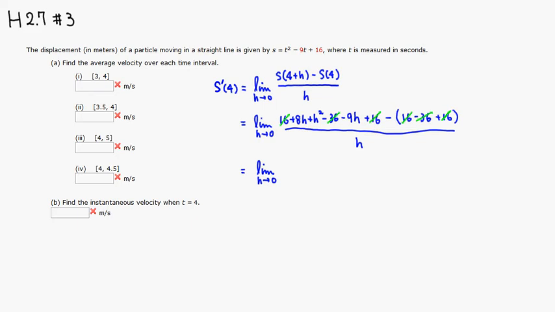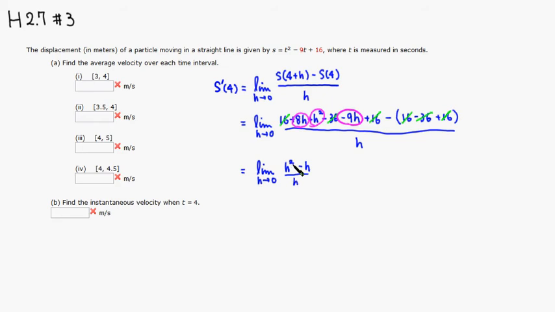We have 8h minus 9h, which gives us negative h, and the only other term would be h squared, divided by h.